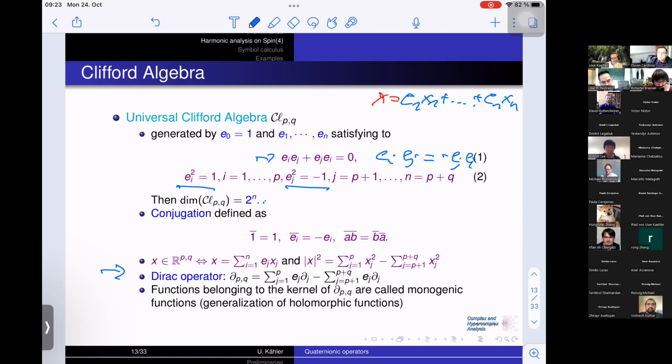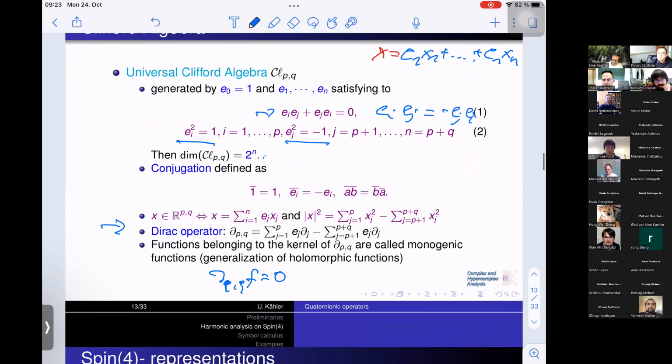A special thing which is always associated with Clifford algebras is the so-called Dirac operator, which is the generalization of the Cauchy-Riemann operator in complex analysis. Functions belonging to the kernel of that operator, where you have D_{p,q} f equal to 0, are usually called monogenic functions, and they are the generalization of holomorphic functions. Especially, D_{p,q} squared equals the Laplacian in p minus the Laplacian in q.